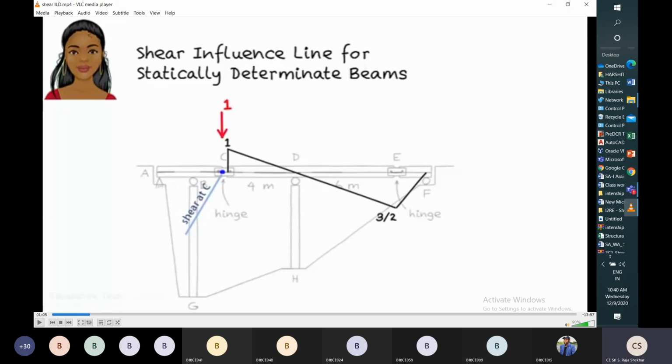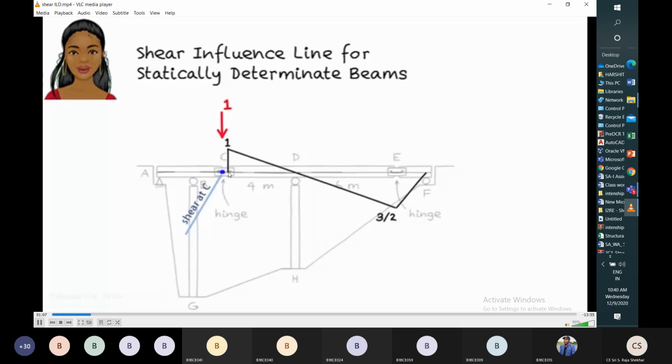If you observe this animated video, when the unit load is to the left of section C, shear force at section C is 0.